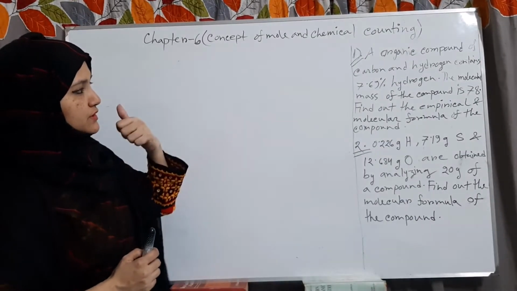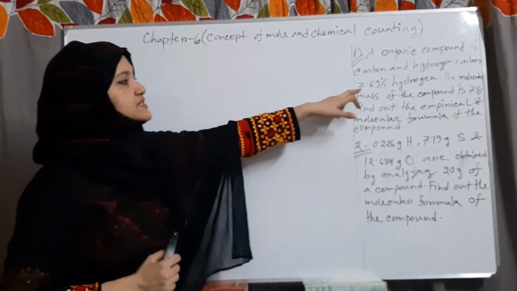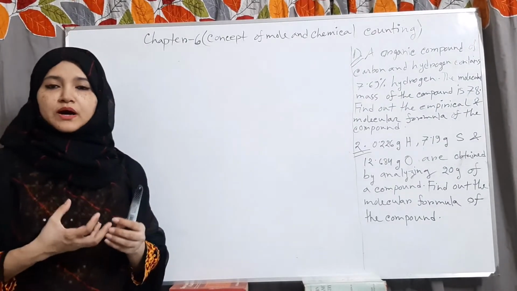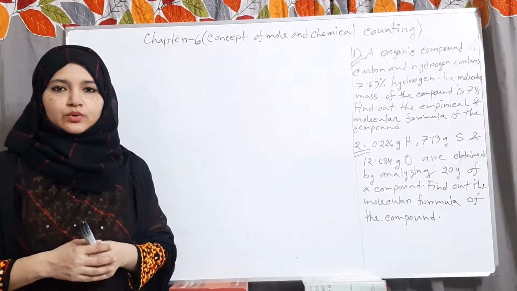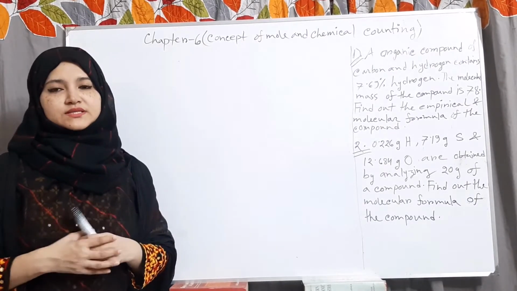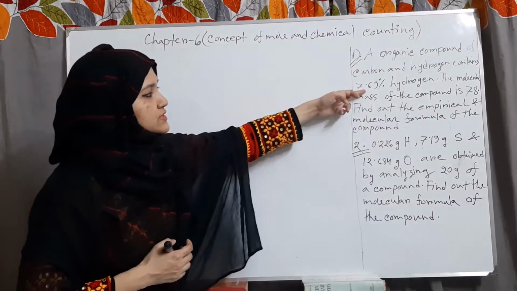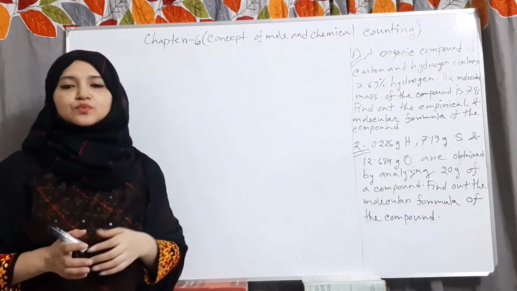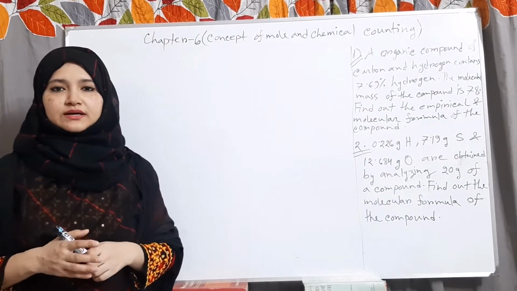From the question we can see the percentage of hydrogen is given, which is 7.69%, and we know a compound is 100% complete. Then if we have 7.69% hydrogen, the remaining portion will be the carbon.